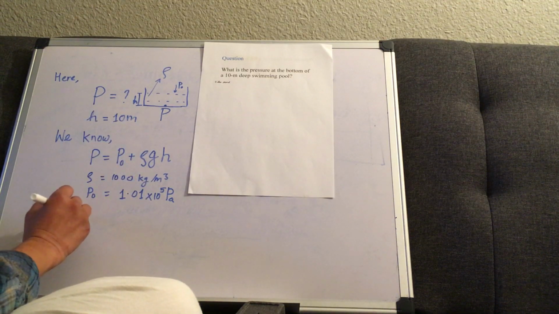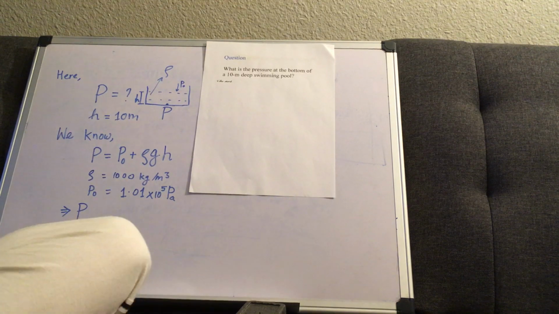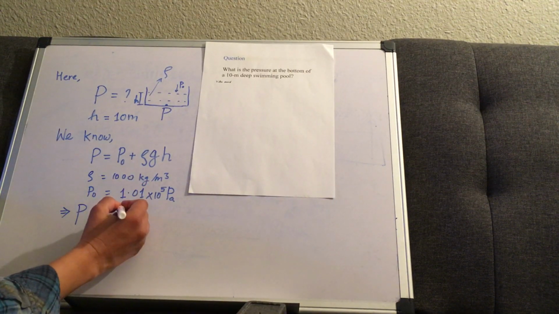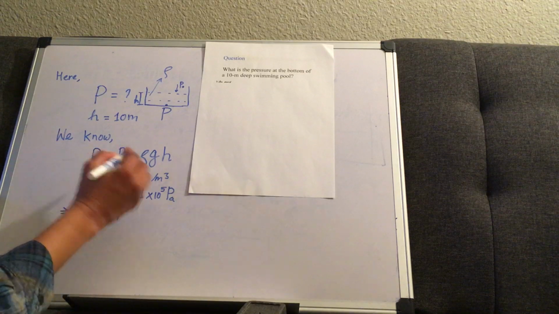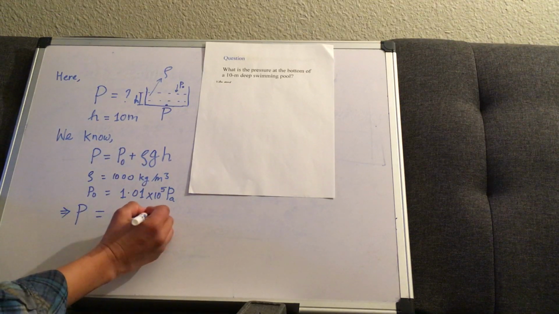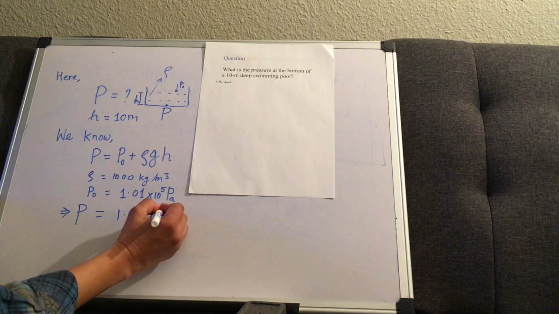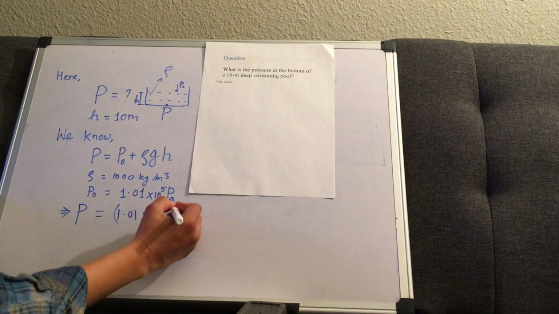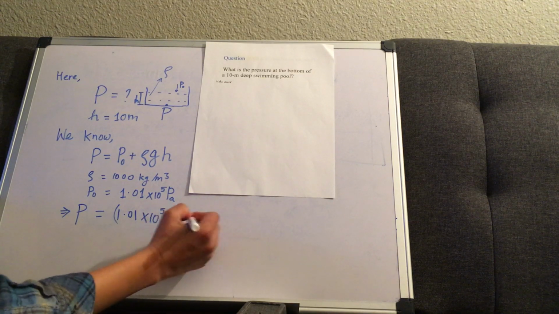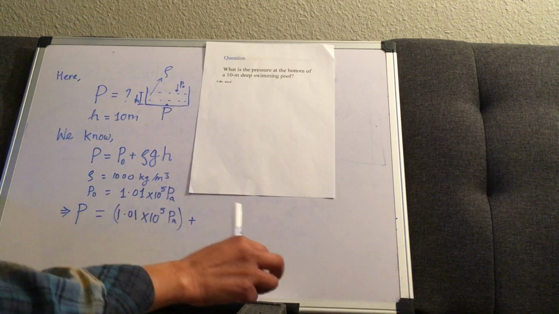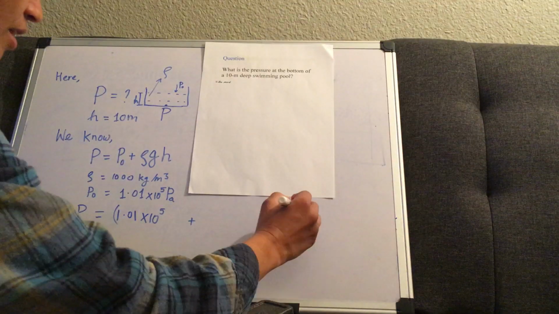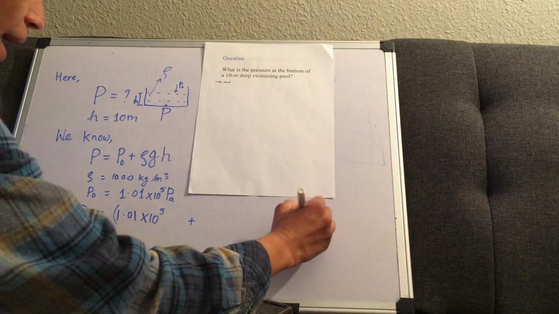So this tells us P equal to what? In place of P naught we have 1.01 times 10 to the power 5 Pascal, plus, I'm not going to write down all the units here, I'll write it at the end because all of this should give us some Pascal quantity.